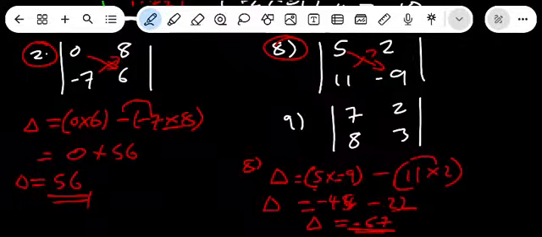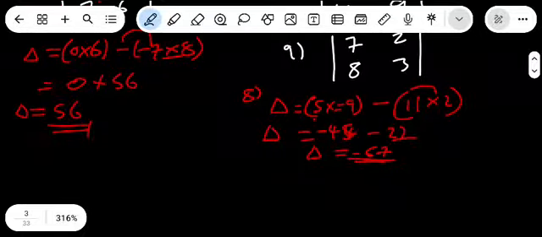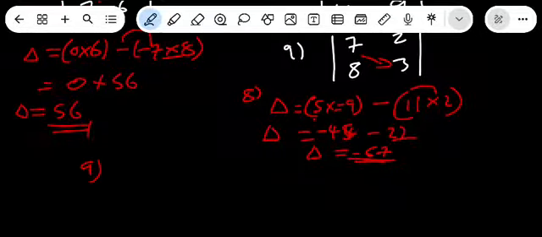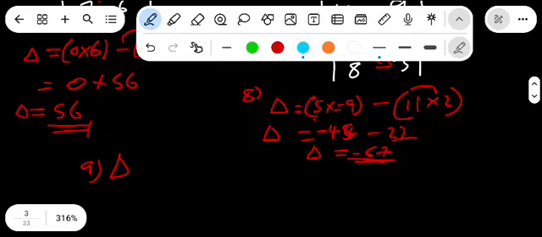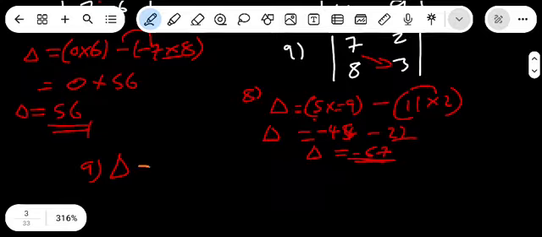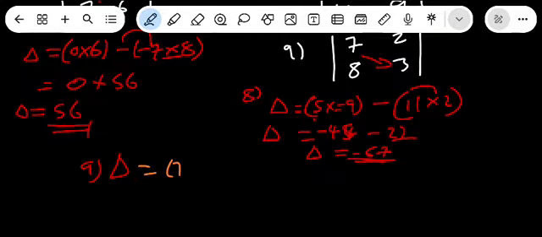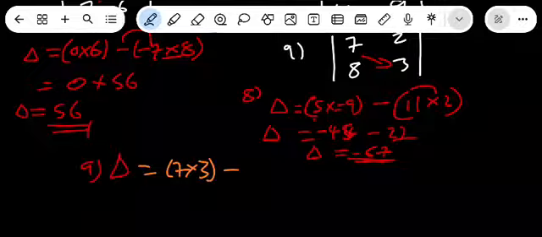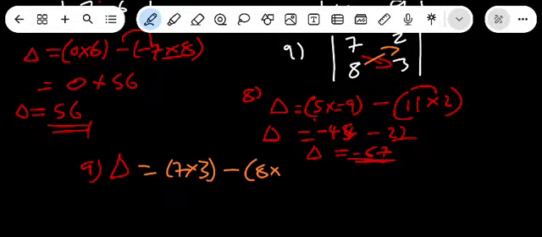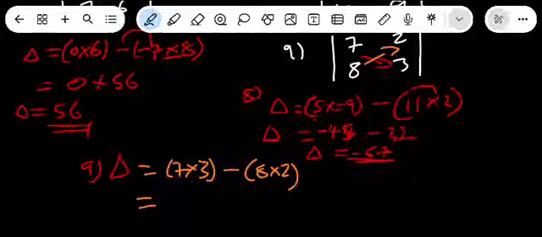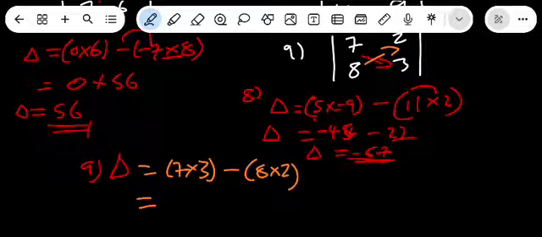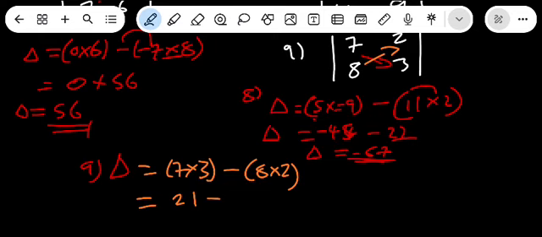All right, let's check matrix 9. You multiply 7 by 3, minus 8 multiplied by 2. 7 times 3 is 21, minus 8 times 2, which is 16.